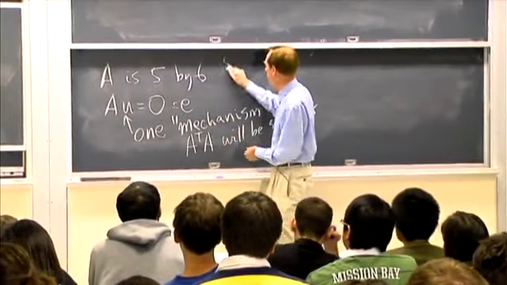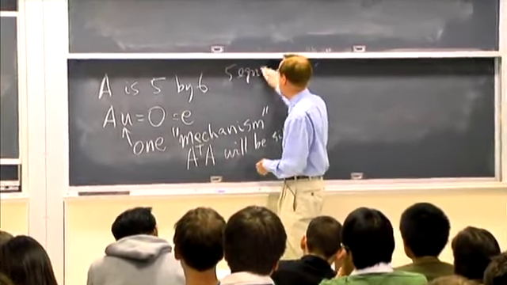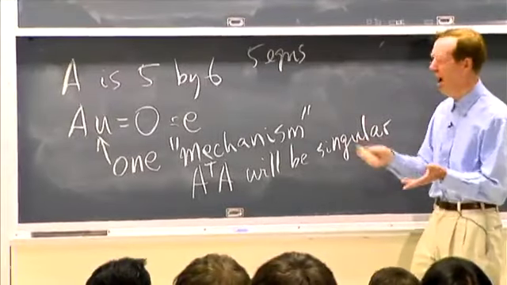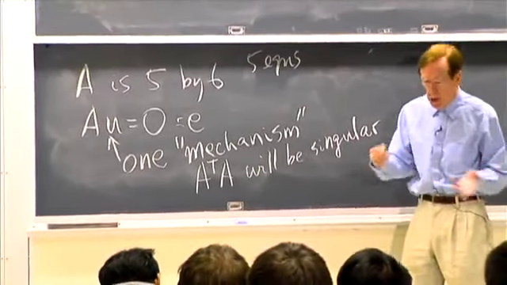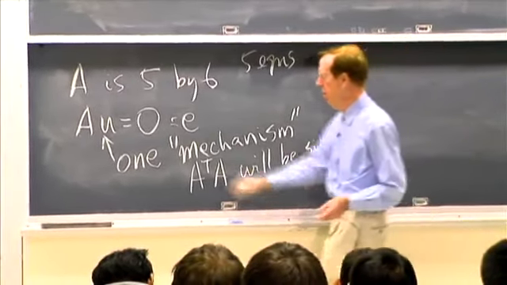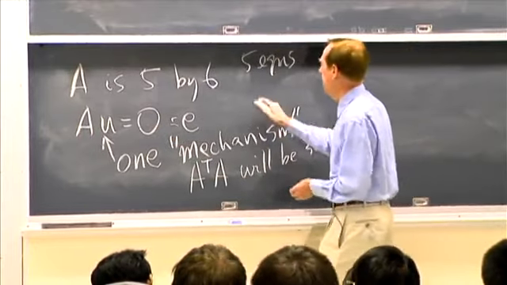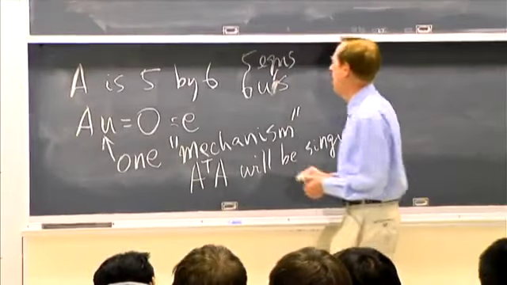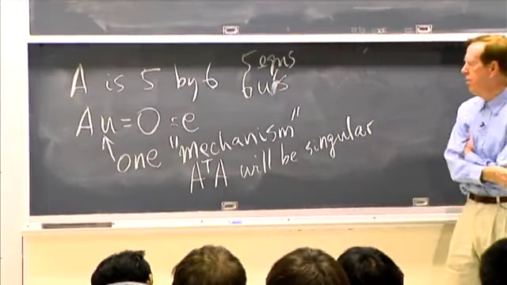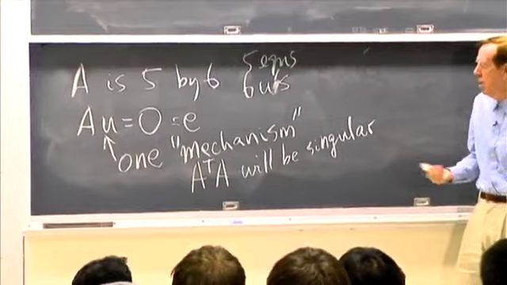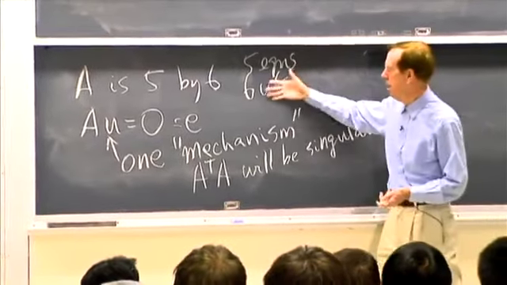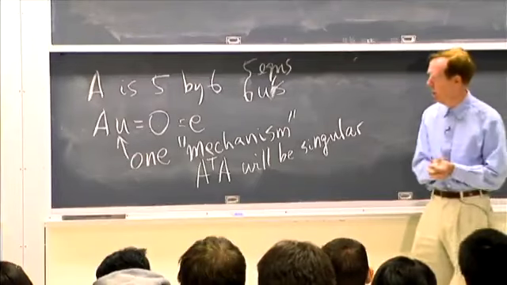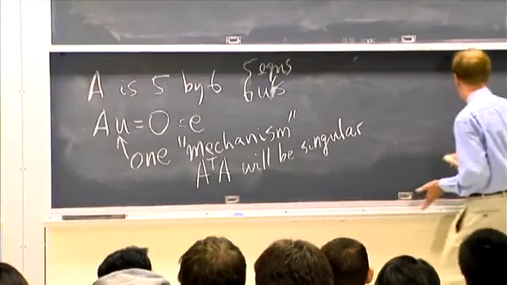So this is 5 equations. Anytime you have 5 homogeneous equations, with 0 on the right-hand side, and 6 unknowns, 6 U's, then you're going to have a solution. You can't help it. You've got that many degrees of freedom. You've only got that many constraints. There's going to be a solution. Okay, tell me how to draw that.